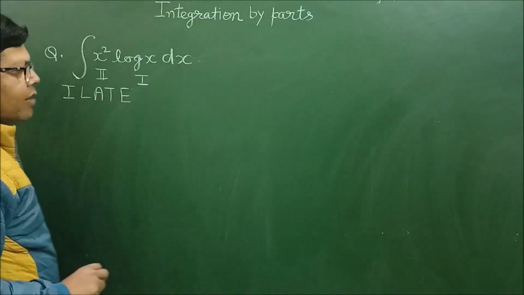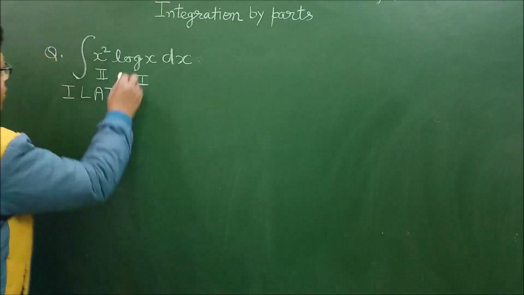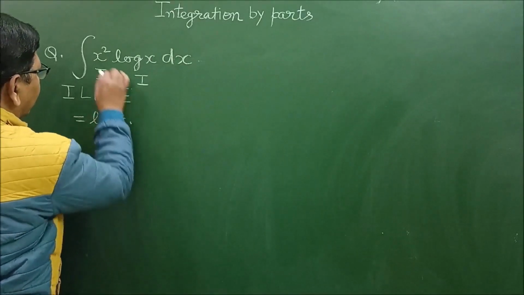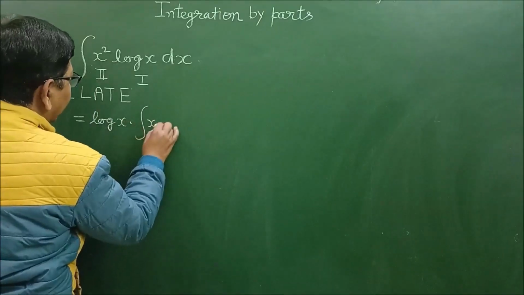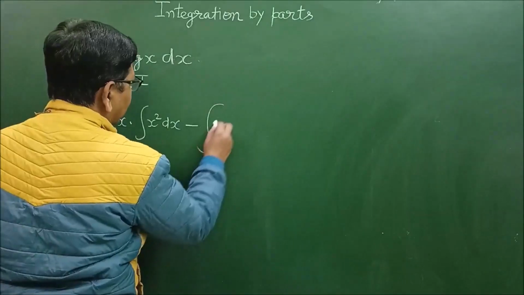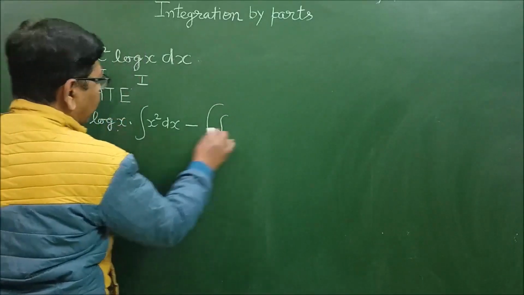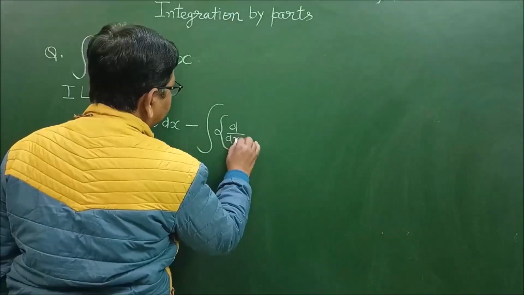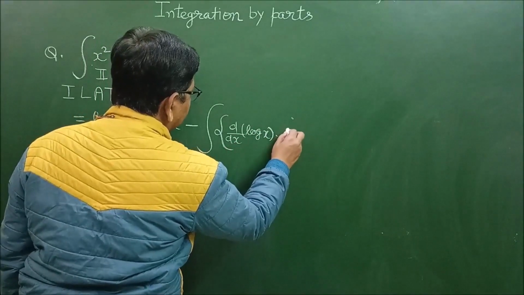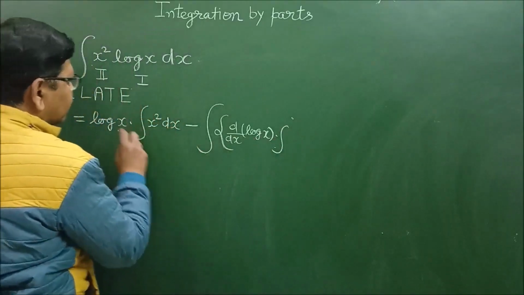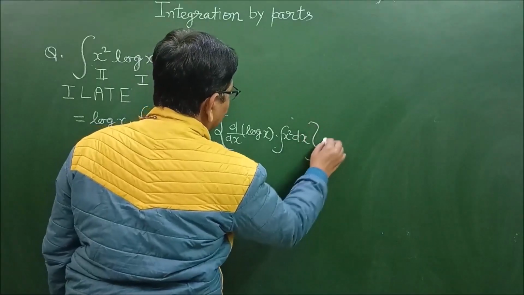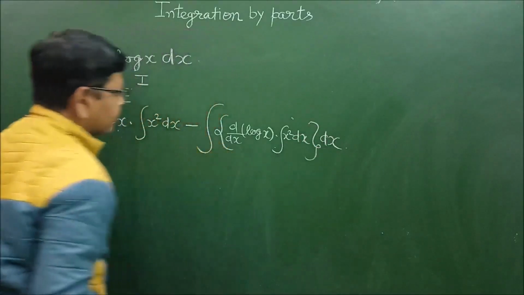So now let us apply the product rule here. First function, that is log x, into the integral of the second function, that is x square dx, minus the integration of the differentiation of log x, d/dx of log x, into the integration of x square dx, and whole integration.